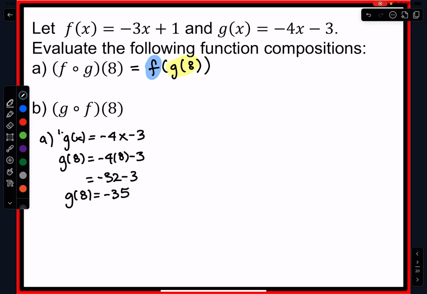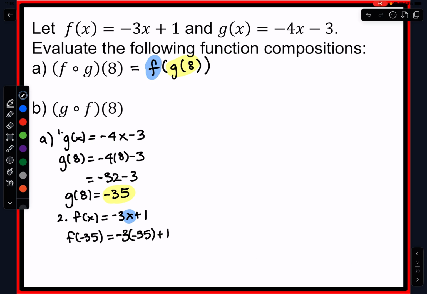So that's step 1. Step 2 is now to look at the outside function f and substitute in this x value here into this x. So f of -35 will equal -3 times -35 plus 1.